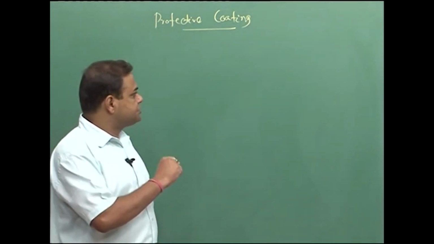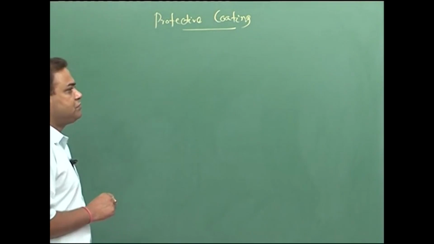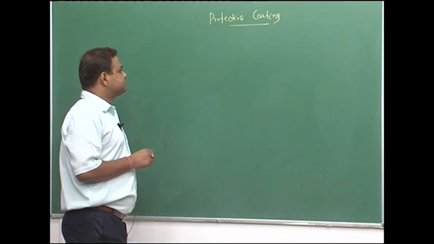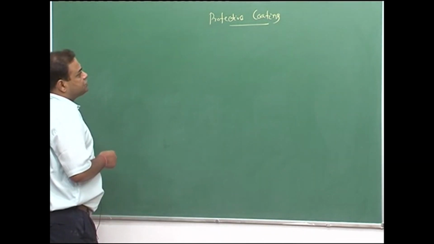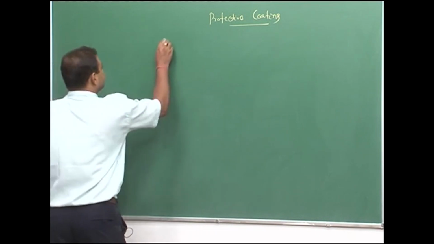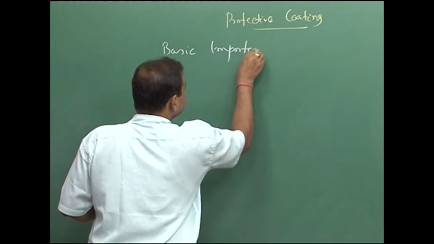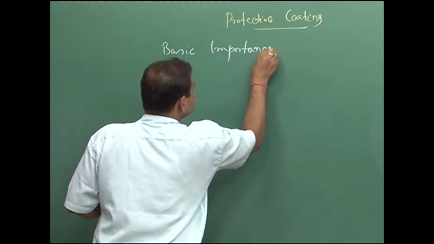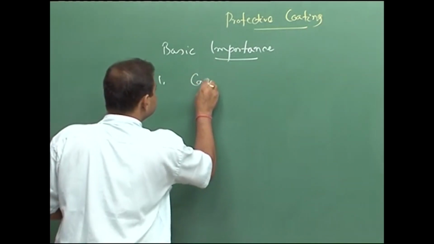But in the current situation, let us talk mainly about the improvement in corrosion resistance. The basic importance of coating with respect to corrosion: one is that it should improve the corrosion resistance.